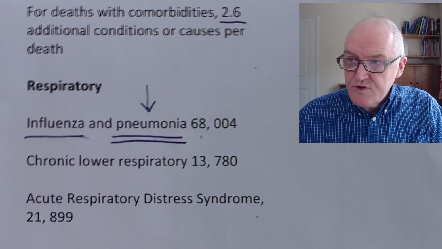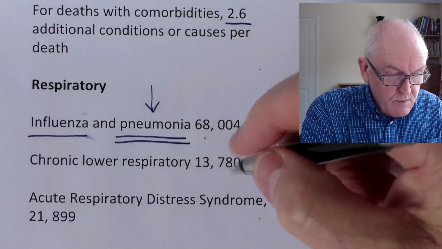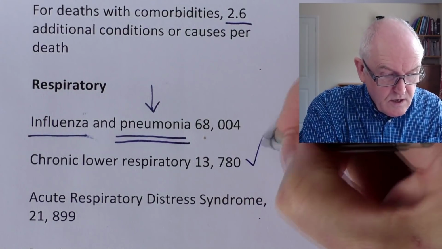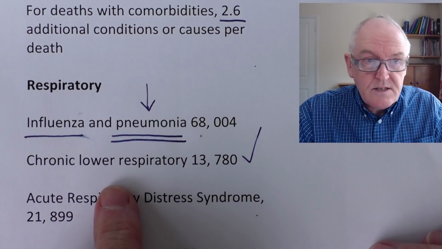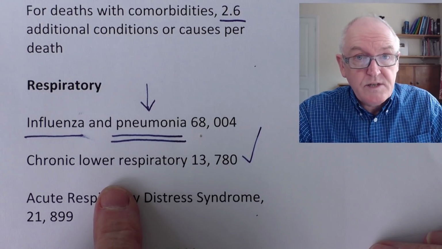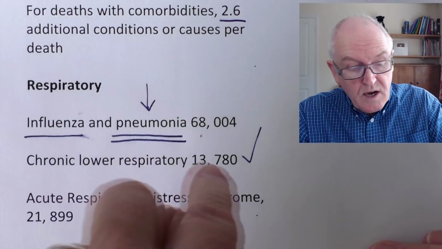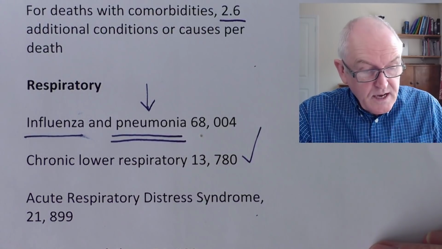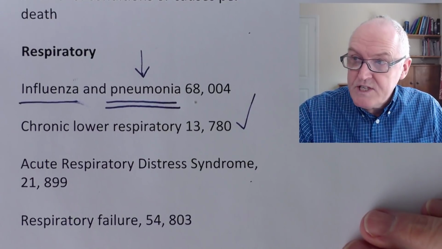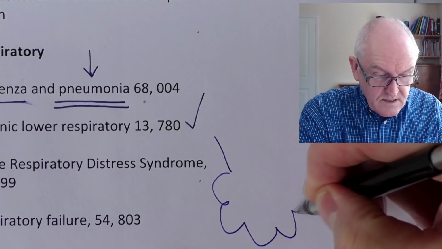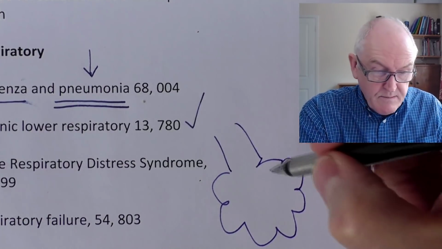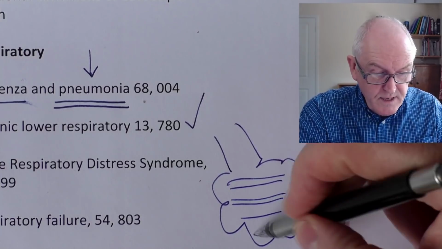Chronic lower respiratory tract infection, well, that's a genuine comorbidity, because chronic means they've had it for a long time. These are conditions such as chronic obstructive pulmonary disease, showing that people with this are more likely to die. Now, the ARDS, the acute respiratory distress syndrome, is the alveoli, these air sacs in the lungs, becoming inflamed and filling up with fluid, as we've done many times.